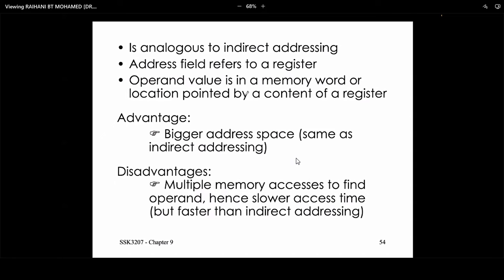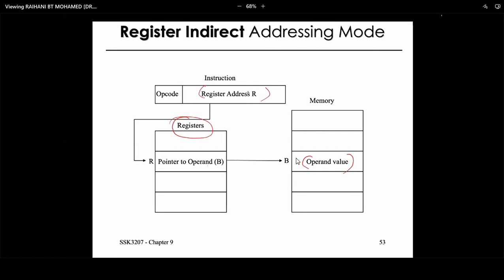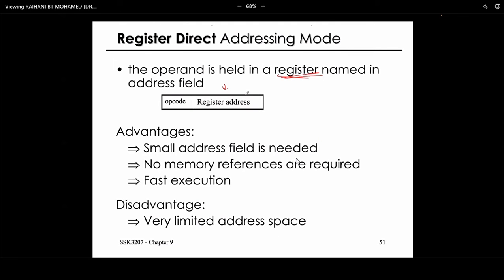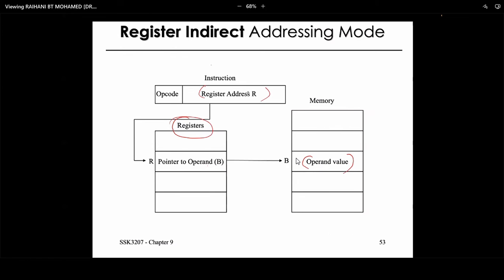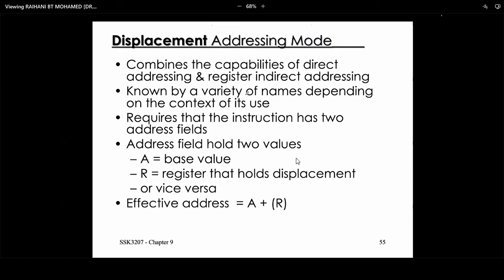The disadvantage is multiple memory accesses to find the operand, hence slower access time, but faster than indirect addressing. So this is how register direct addressing mode and register indirect addressing mode are explained.